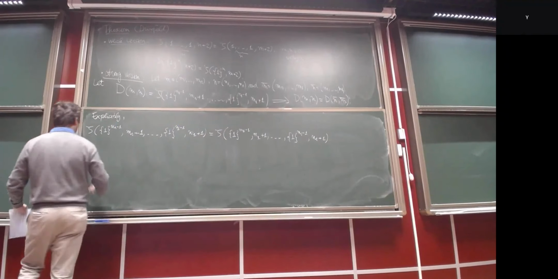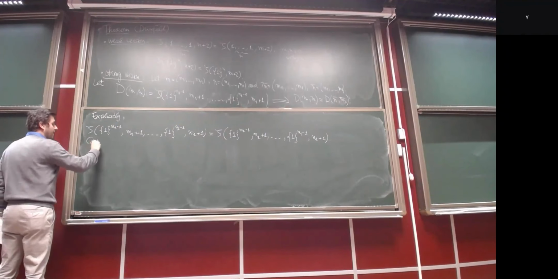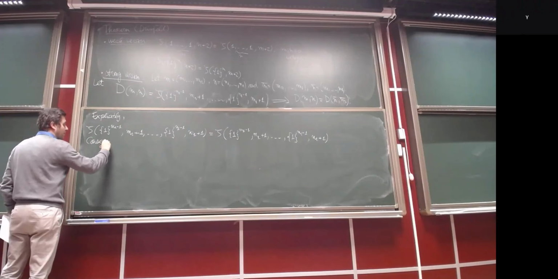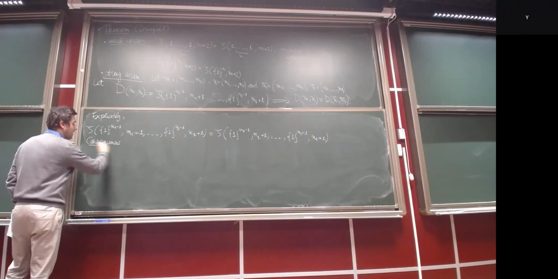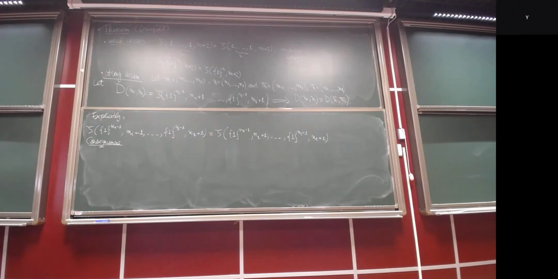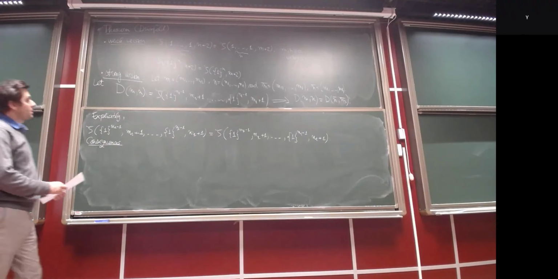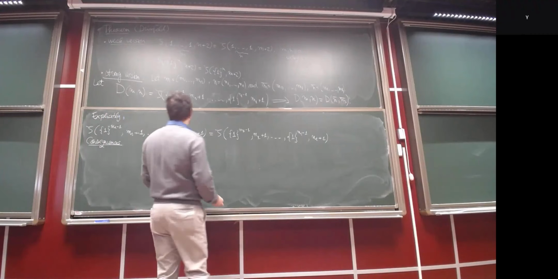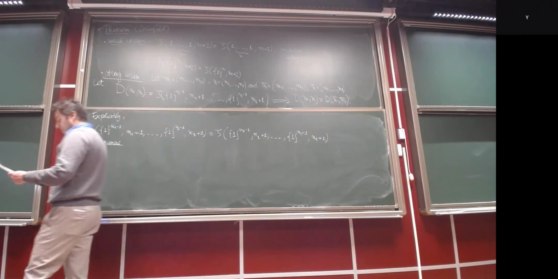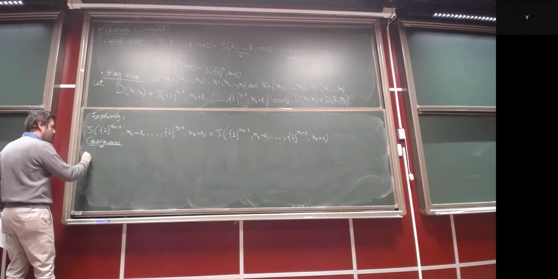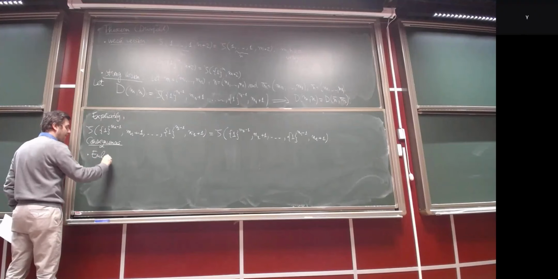And now let's see some examples, some consequences or applications, because they're pretty easy. For example, let's see the weak version and the strong version. Okay, let's start with Euler again.